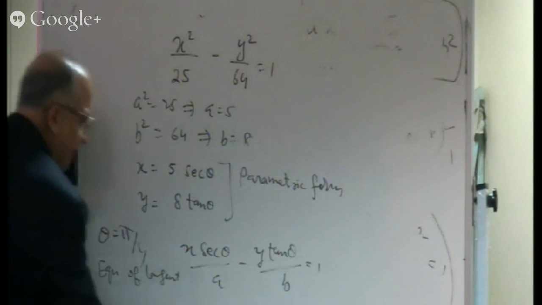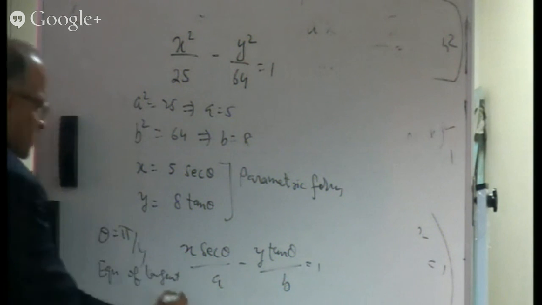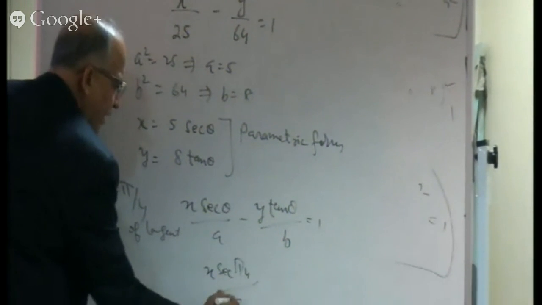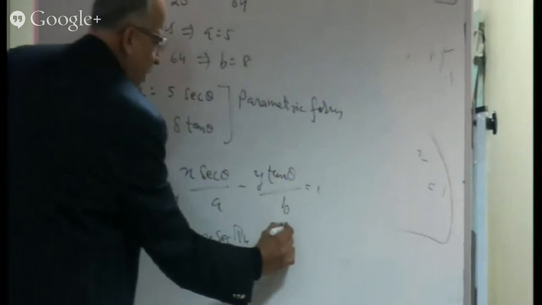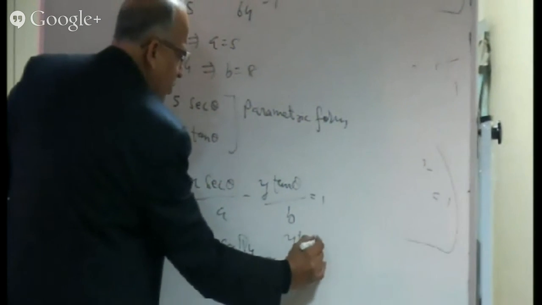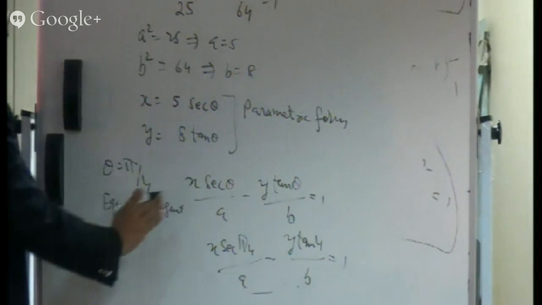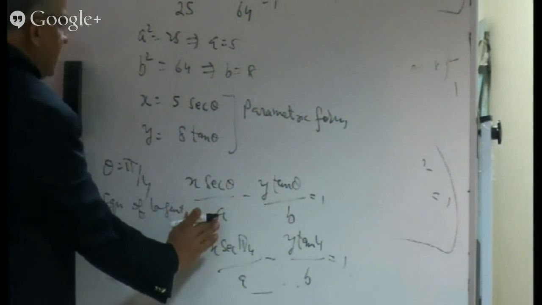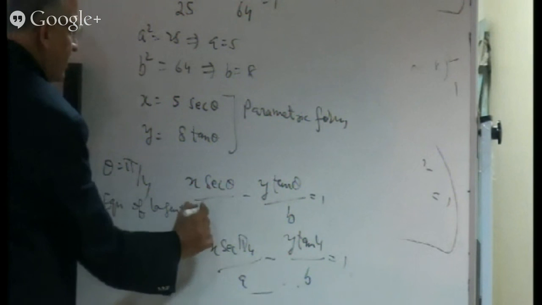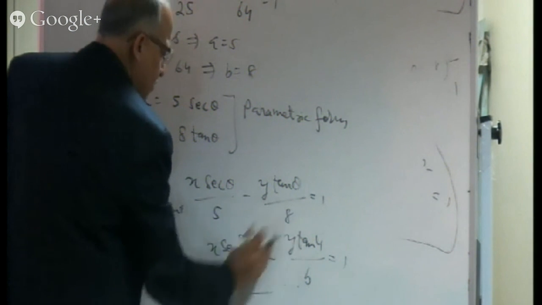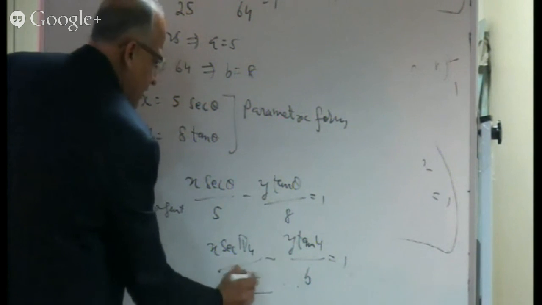And if we want theta equal to pi by 4, I can substitute: x secant pi by 4 upon a minus y tangent pi by 4 upon b equal to 1. But what is a? In our case, a is 5, b is 8. Let me substitute a as 5 and b as 8.